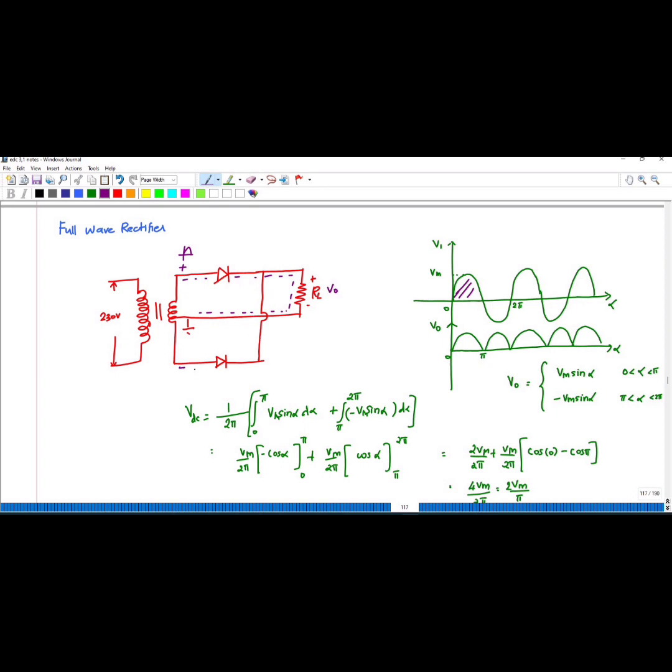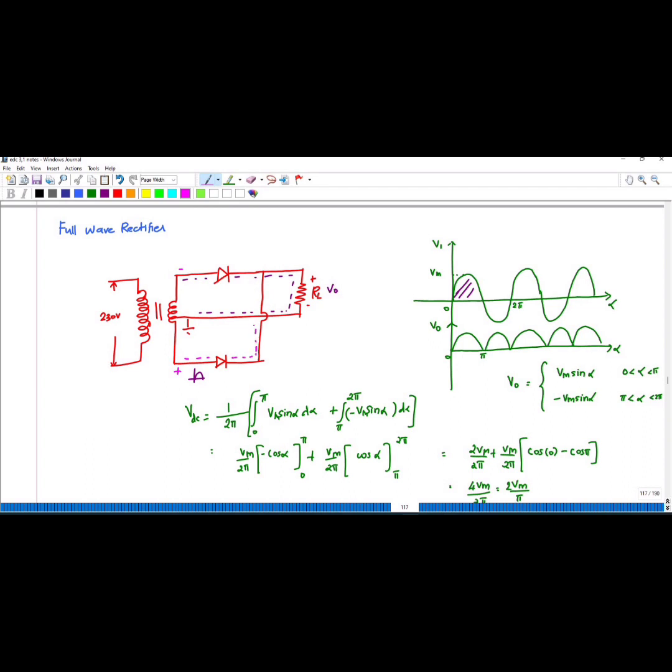During the negative half cycle, this is positive and this one is negative. During the negative half cycle, this diode will be short circuit and this diode is open circuit.